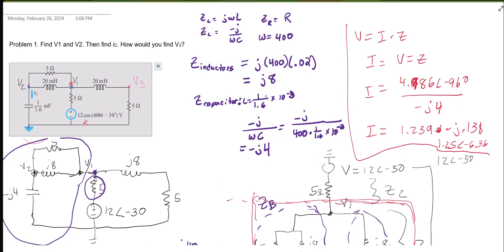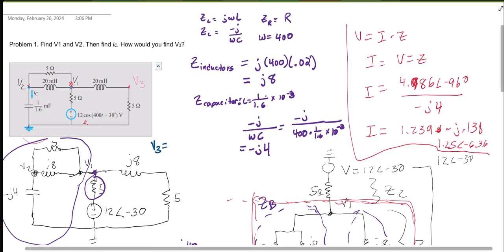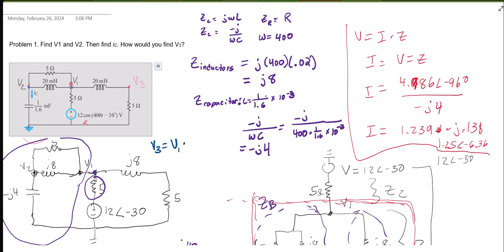And then you'd multiply that by the 5 ohm impedance. I'll just write it here real quick. I'm not going to actually do the calculation because that's where I make mistakes. So V3 would equal V1 times 5 over 5 plus j8.